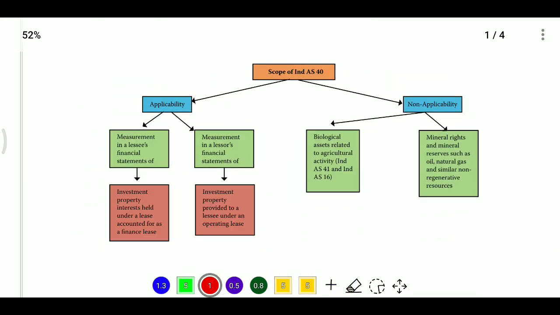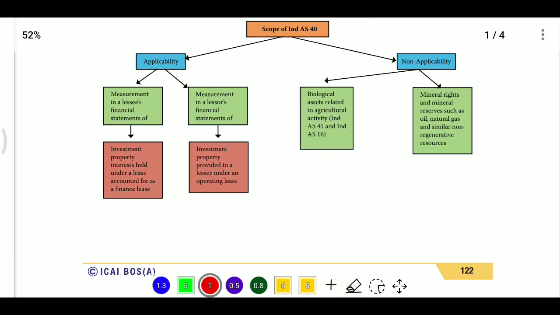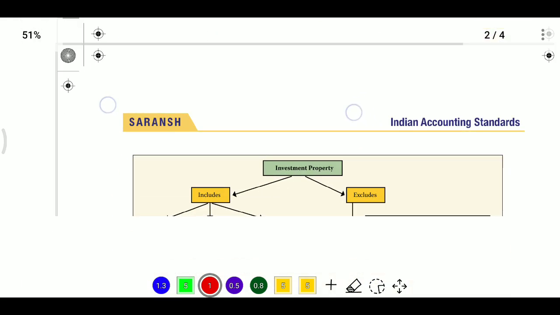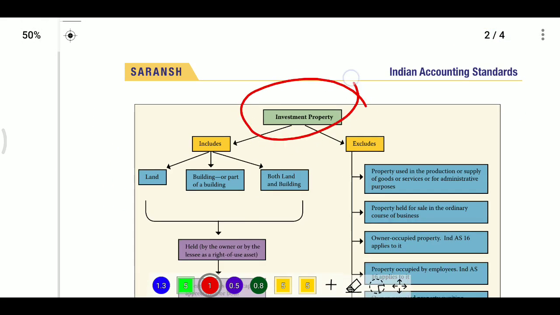Investment property means, simply, if we have any land and building or any property that we hold. The properties may include land or building or both land and buildings.